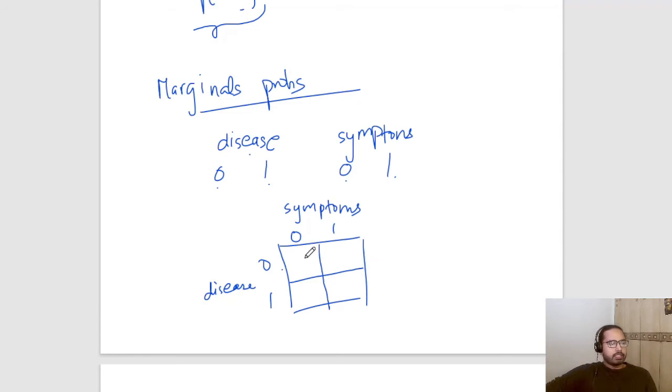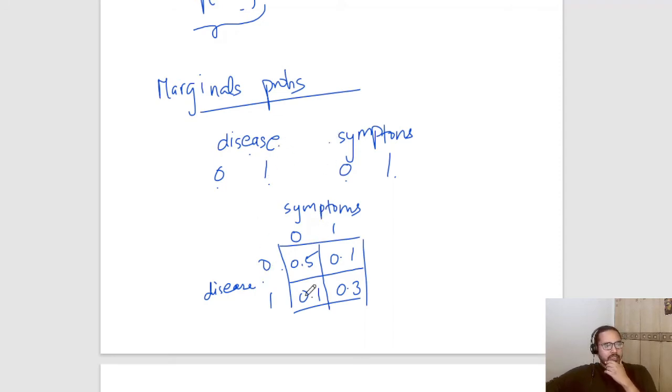For our use case, we can simply take the case where the disease is absent and symptom is also absent as a probability of 0.5. Then the case where the disease is absent but the symptoms are there can be 0.1. Similarly, when the disease is there but symptoms are absent, we can take 0.1, and when both disease and symptom are present, the probability is 0.3. So each of these blocks shows the presence or absence of these random variables.